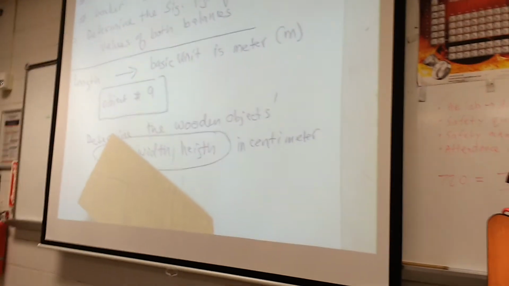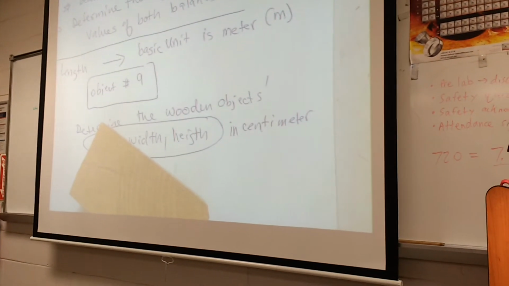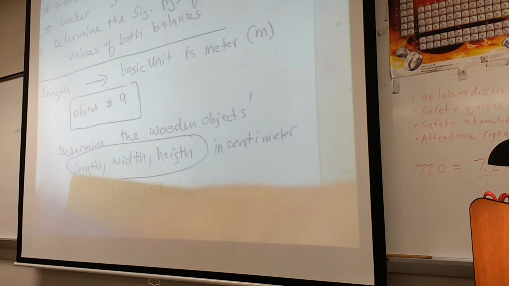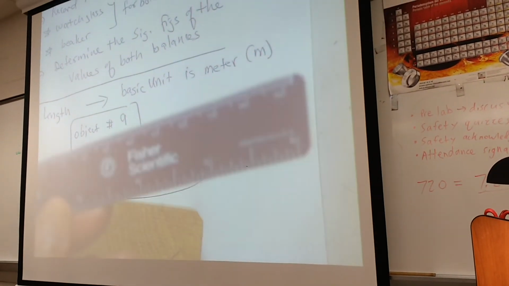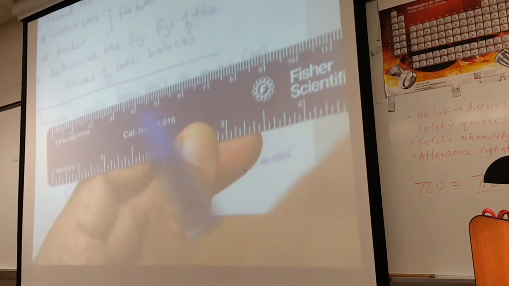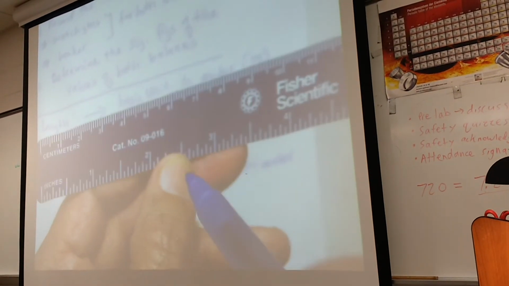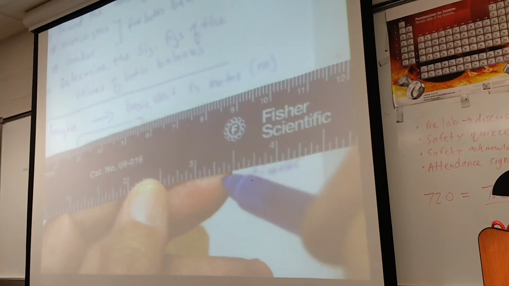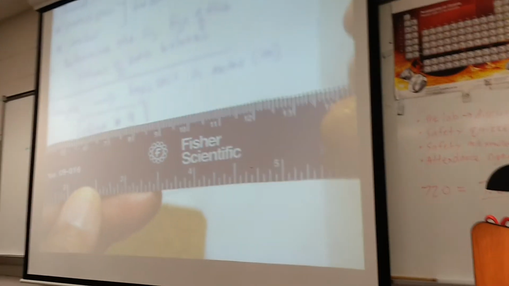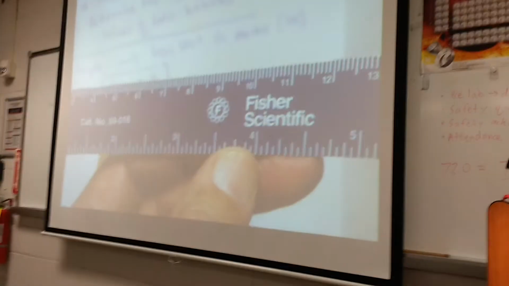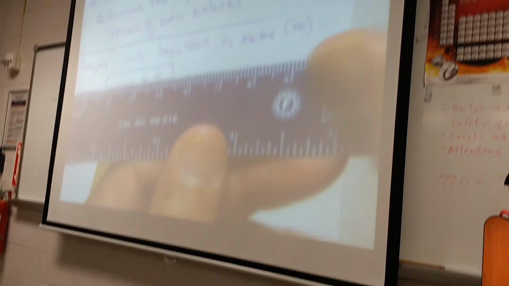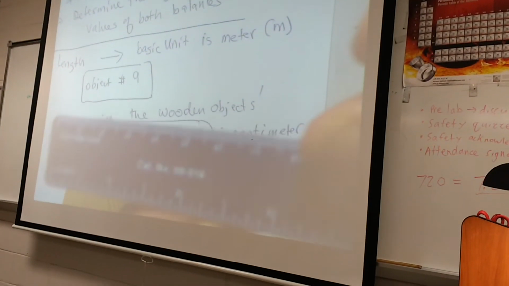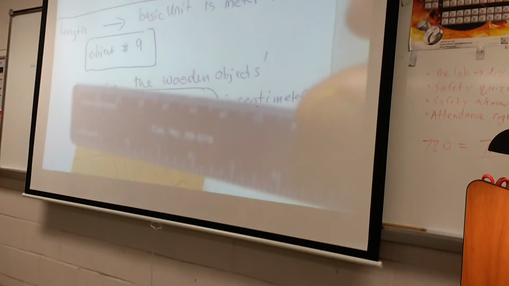A ruler has two measuring systems. This is an English system, and this is a metric system. The bottom is in inches, and the top one is in centimeters. Metric versus English. An inch is 2.54 centimeters.